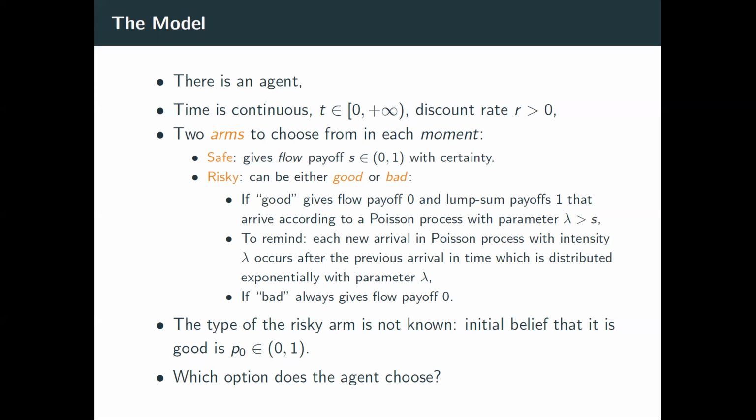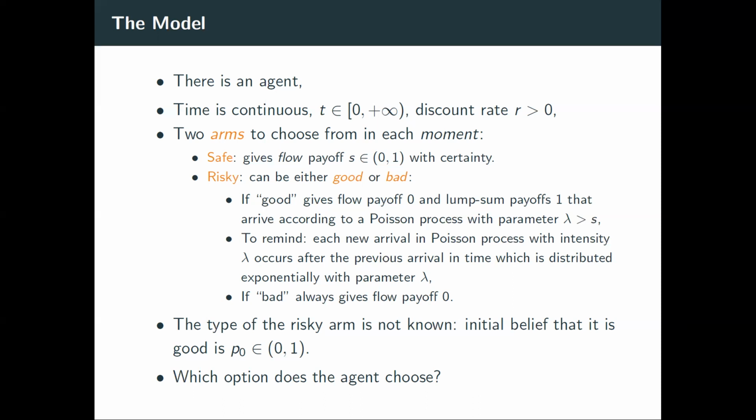So that was about the good arm. Almost always it's 0, so it doesn't give you any flow payoff, but at some random points in time, it can give you a lump sum payoff of 1. That is the difference. On the safe arm, you have a flow payoff, so the actual payoff depends on how long you use the safe arm.